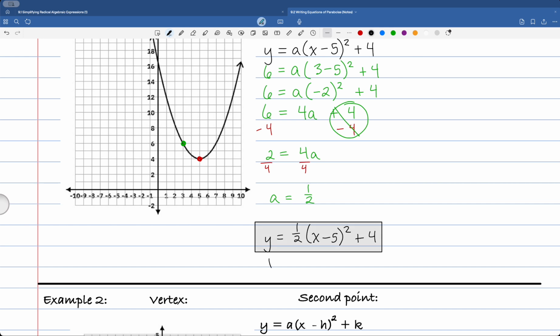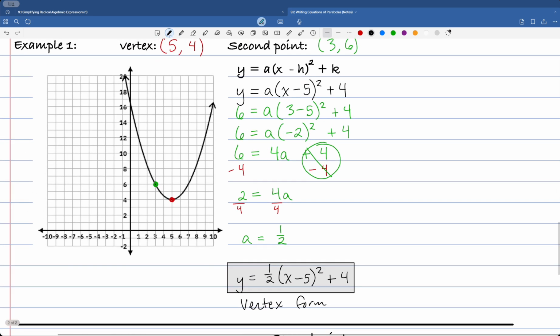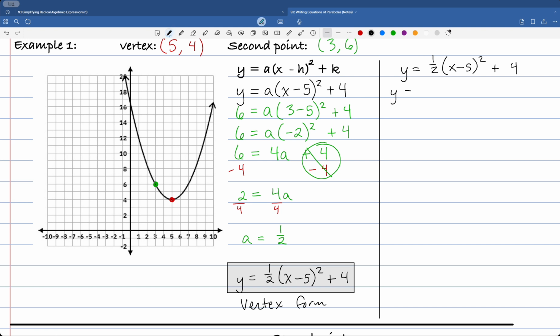Now this, like I said, is vertex form. What we want to do next is to put it into standard form. So just like we did with the factored form, we're going to take the equation again: y equals 1/2 (x minus 5) squared plus 4. We need to expand the (x minus 5), so it becomes y equals 1/2 (x minus 5)(x minus 5) plus 4.